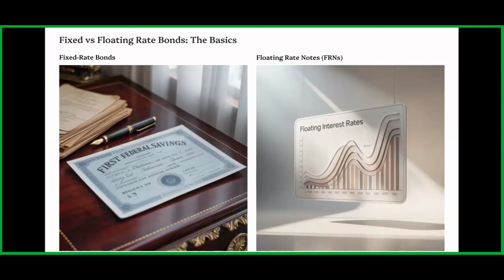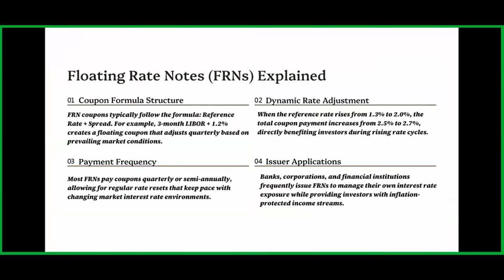Whenever the companies make the coupon payment, they make it on the basis of that LIBOR rate. So that is the floating rate. The investors have an advantage if the value of the LIBOR rate increases. This is how floating rate notes work.